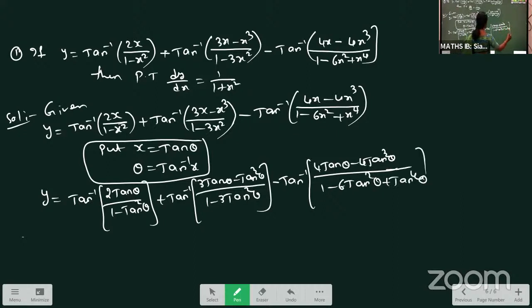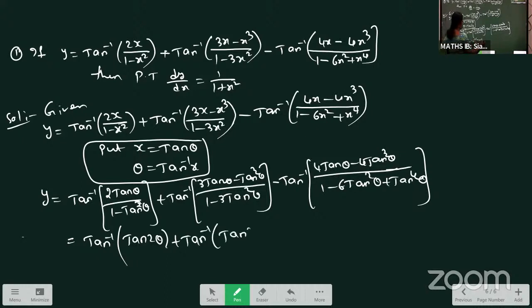Just substituted tan theta wherever x is there. Now, formulas given just now. 2 tan theta by 1 minus tan square theta is tan 2 theta. In the same way, tan inverse of this part can be written as tan 3 theta, minus tan inverse of the entire term, which can be written as tan 4 theta.